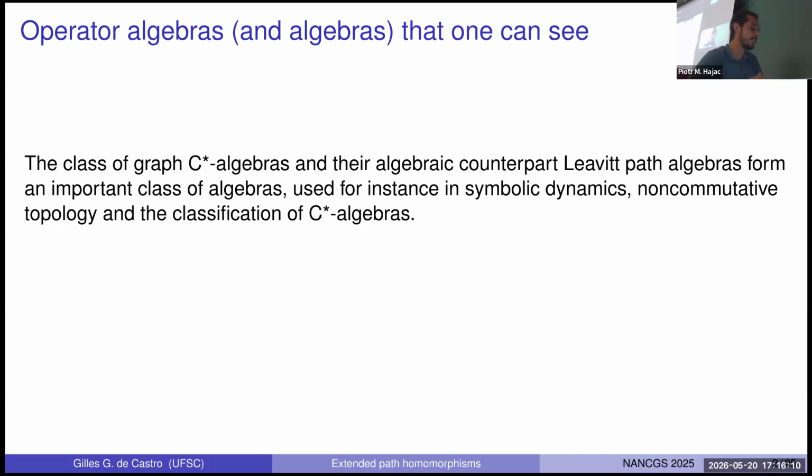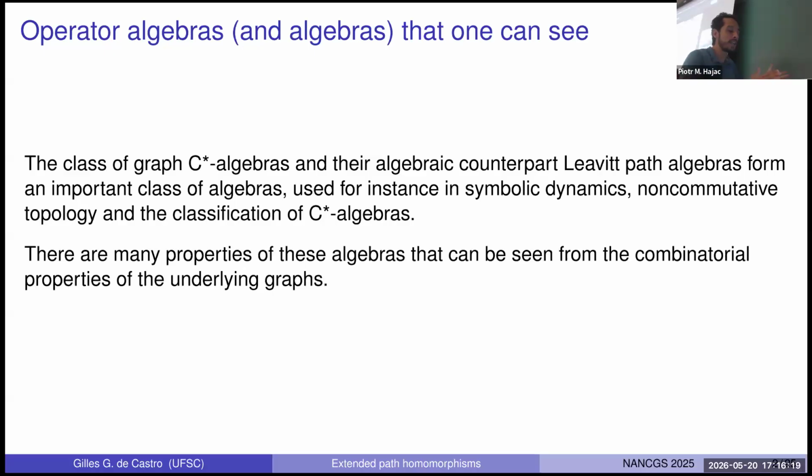So we can really use the combinatorics of the graphs to study these kinds of algebras. And we are tackling one of these problems. I'm going to state the goal a little bit later in the talk. But basically, the idea is that we want to study these algebras by looking at the graphs themselves. So that's why we can see these algebras in some sense.